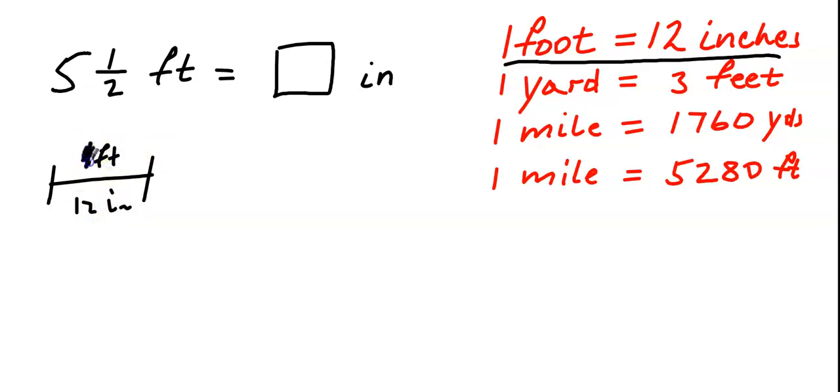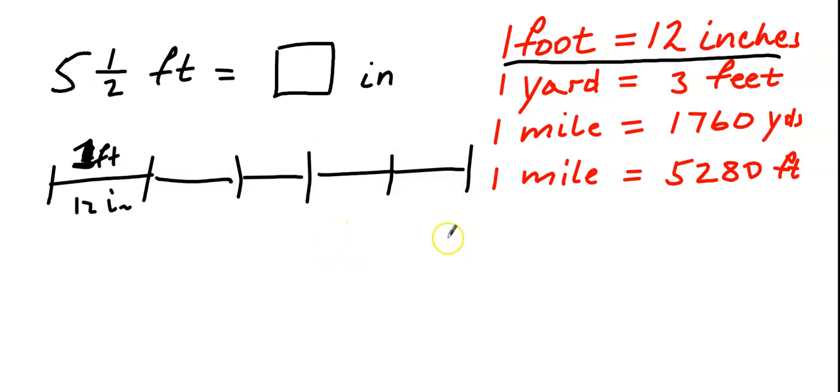If you have, this is 1 foot. So if you have 5 of these, 2, 3, 4, 5, and you also have a half of a foot. So you have another 12 inches, another 12 inches, another 12 inches, another 12 inches. And half of a foot is not going to be another 12 inches.